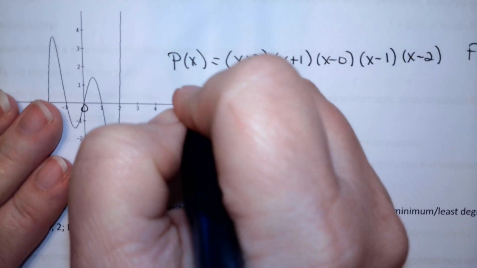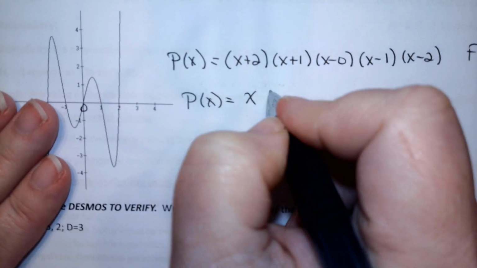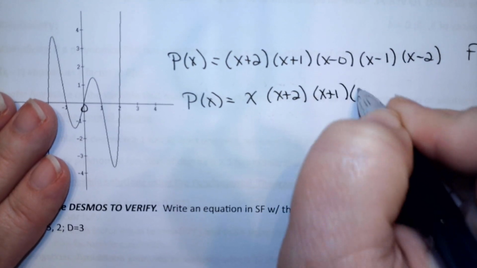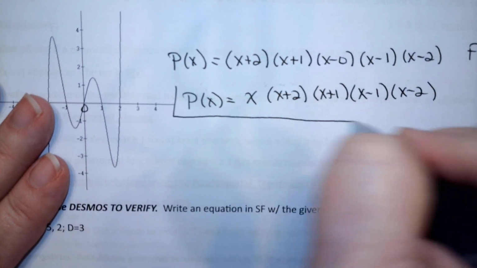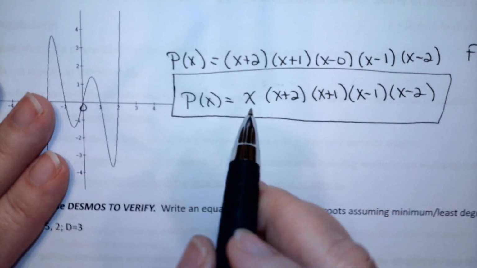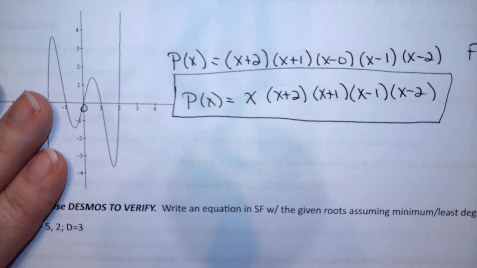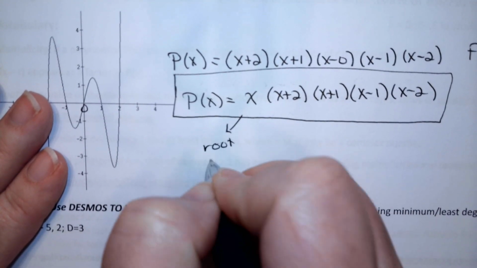So the way that we would really write this, you would see x times x plus 2 times x plus 1 times x minus 1 times x minus 2. So whenever you see an x by itself, remember that has a root of 0. They just don't put the minus 0. Okay, so again, root of 0.